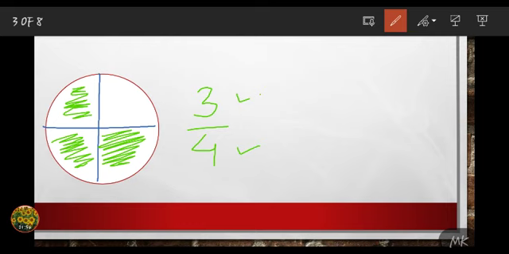Okay, so 3 upon 4 is the form of number which is known as a fraction.